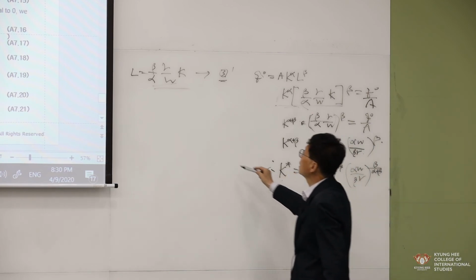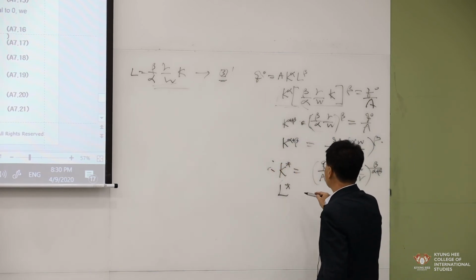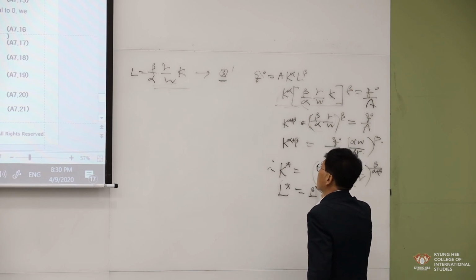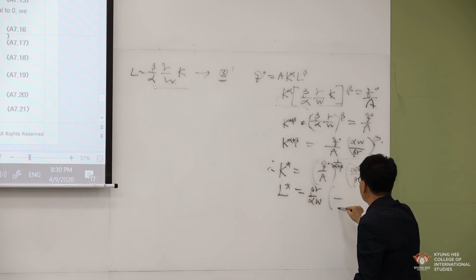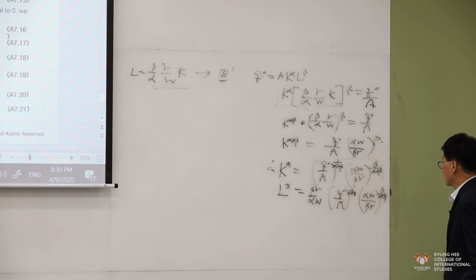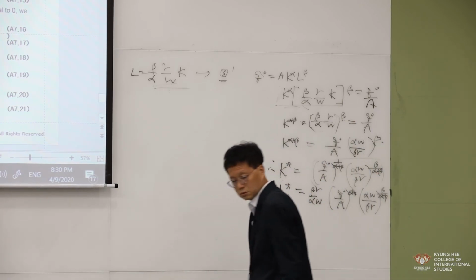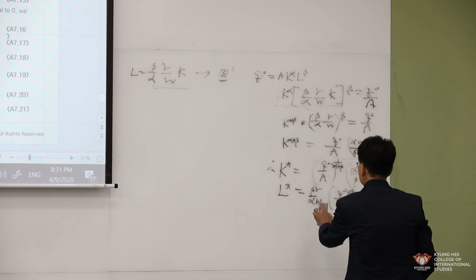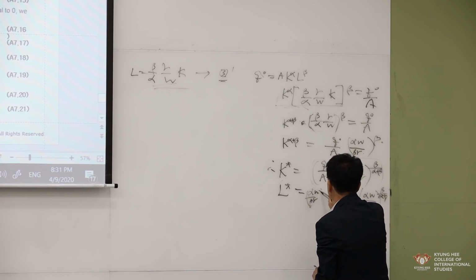This one inserted here, then we can get L star. Then L star is equal to β over α, W, and K. K is this one: A Q0, 1 over α plus β, and so on. So this one is equal to α W over β R to the power of minus 1.